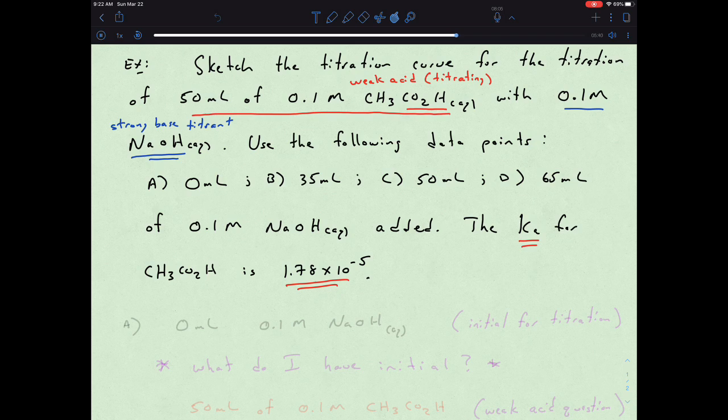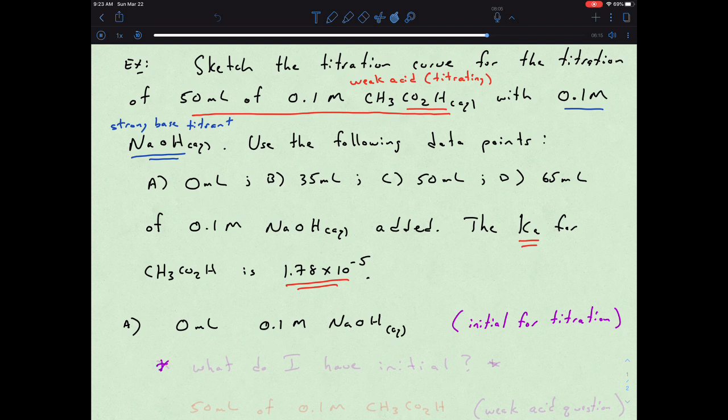For part A, we're at 0 milliliters of the 0.1 molar sodium hydroxide. So we haven't started the titration as of yet. All right, so this is the beginning or the initial for the titration.